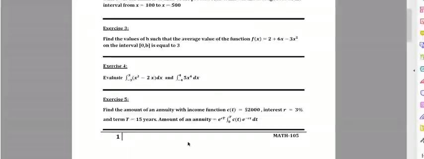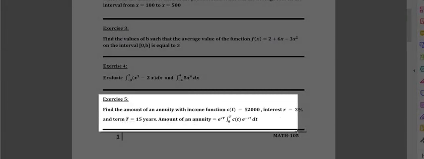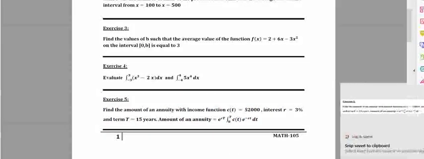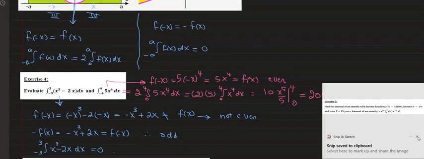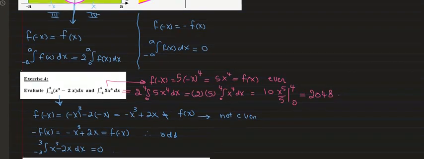And then let's take exercise 5 from the worksheet. Find the amount of annuity.